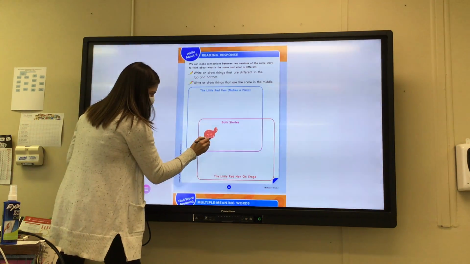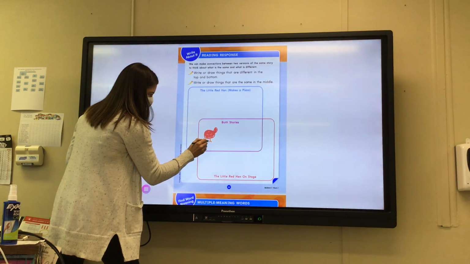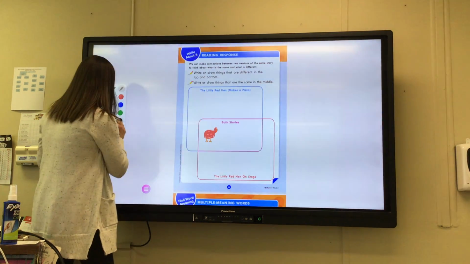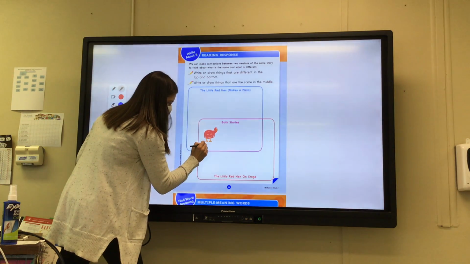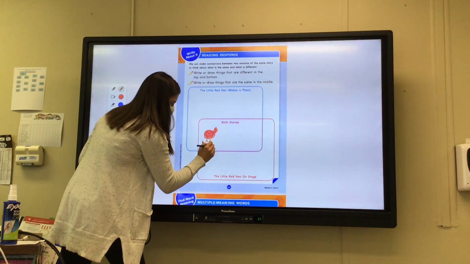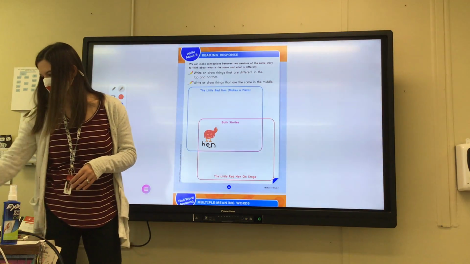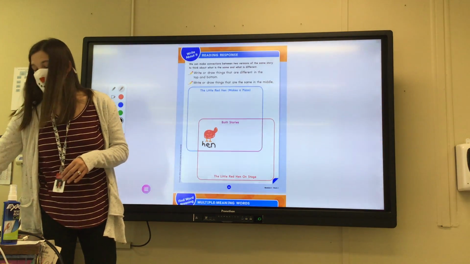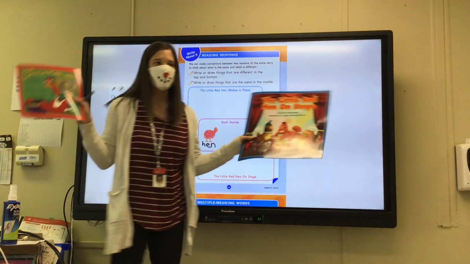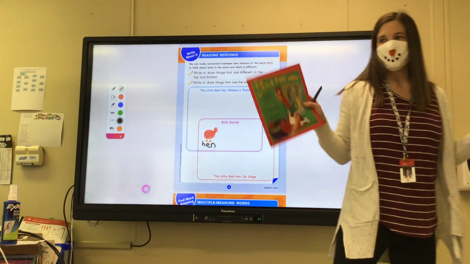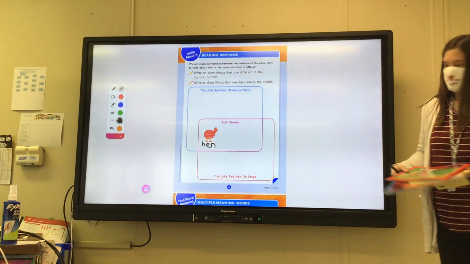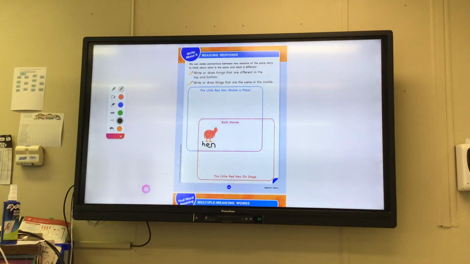So there's my little red hen. And I'm going to write hen underneath it so I know it's a hen. H-E-N. The little red hen was the same in both stories. Wasn't exactly the same, but there was a Little Red Hen character in both stories. Make sure it's in the middle there, because these are the things that are the same as in the middle.